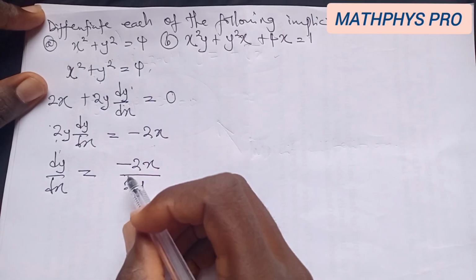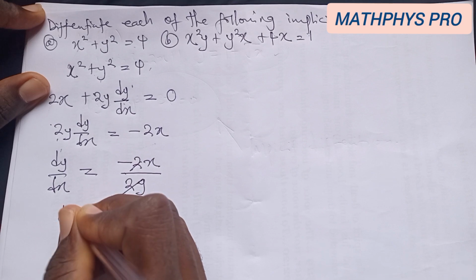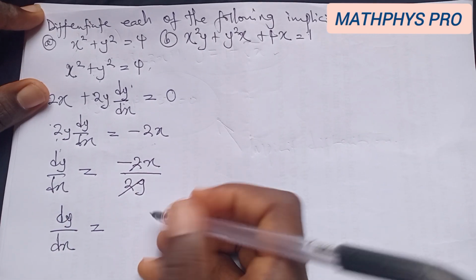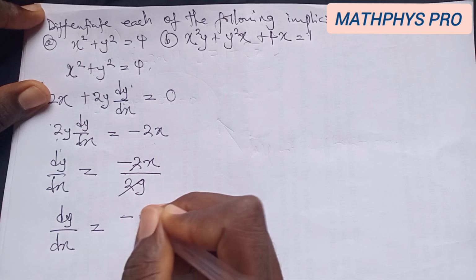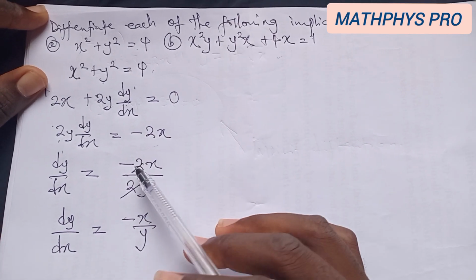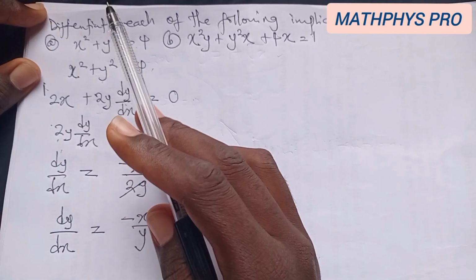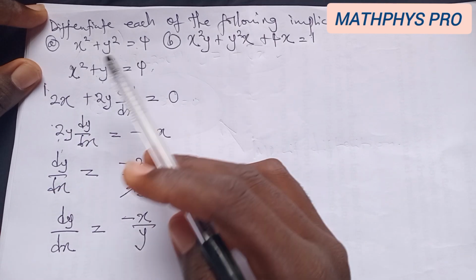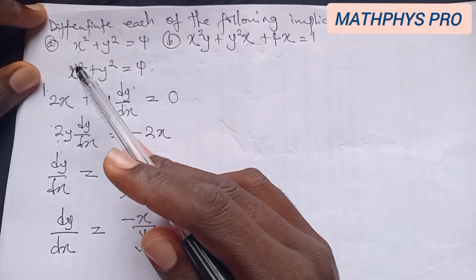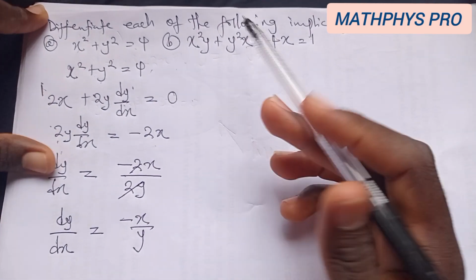The 2 cancels 2, so dy over dx is equal to minus x over y. This is how to differentiate implicitly. Whenever you differentiate, you differentiate term by term with respect to x, and whenever you differentiate y, you add dy dx. Now let's attempt the second question using the same method.